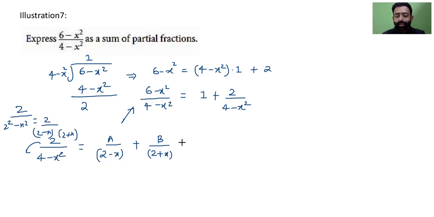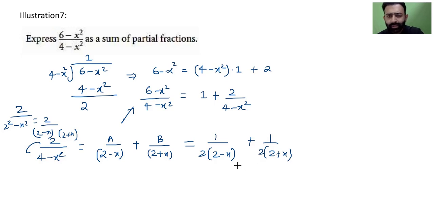So I am writing directly: if it is 2, then I will write 2 upon 2 minus x, so it will be half upon 2 minus x, and the other is again half upon 2 plus x.